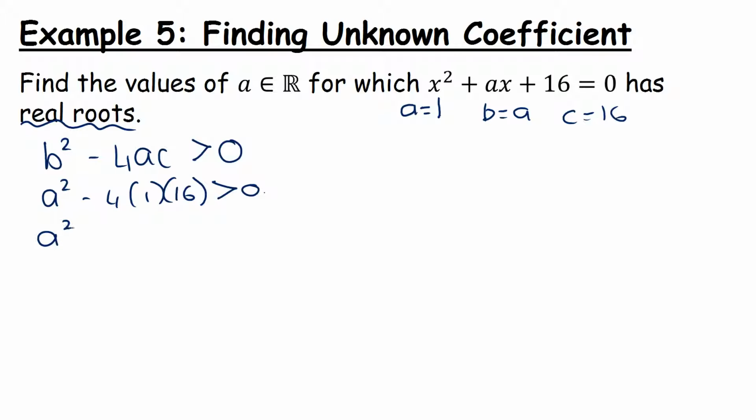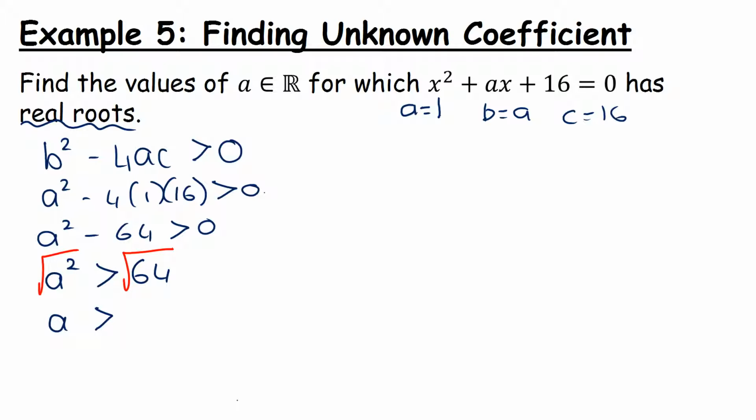So a squared minus 64 is greater than 0. So a squared must be greater than 64. Okay, so if we square root both sides, so a must be greater than, so let's square root both sides.